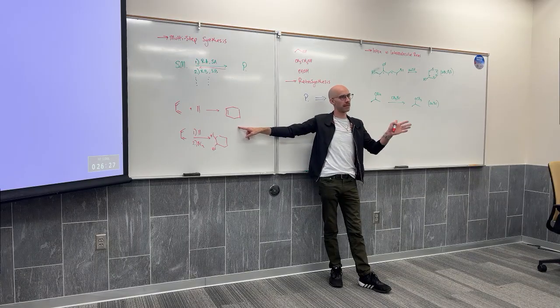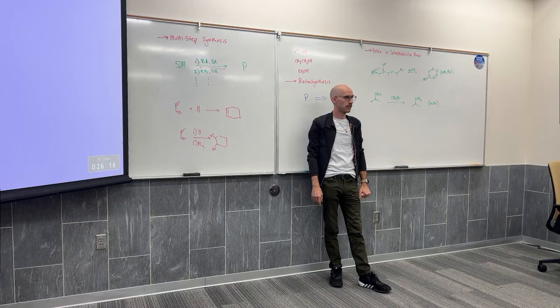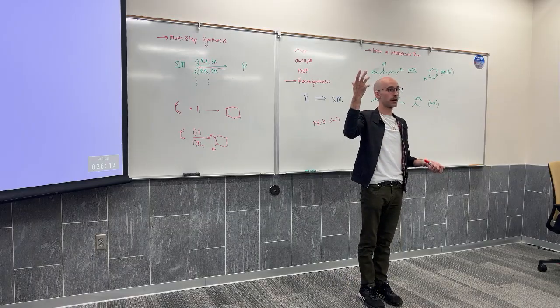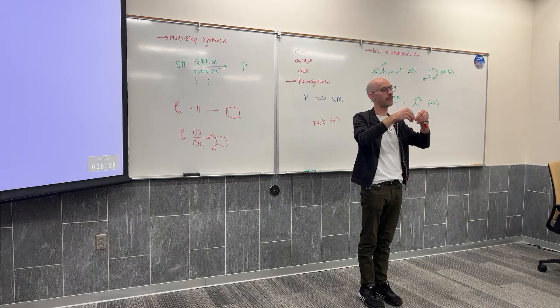So many times intramolecular reactions form rings. Sometimes they don't. And some intermolecular reactions form rings too. But an intramolecular reaction means there are bonds forming or breaking between two parts of the same molecule.